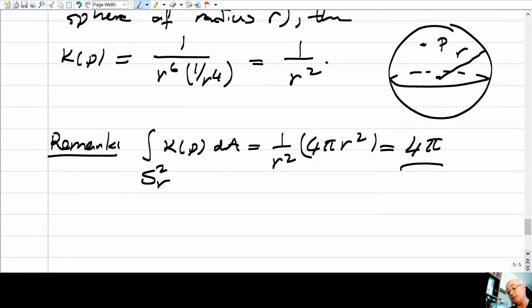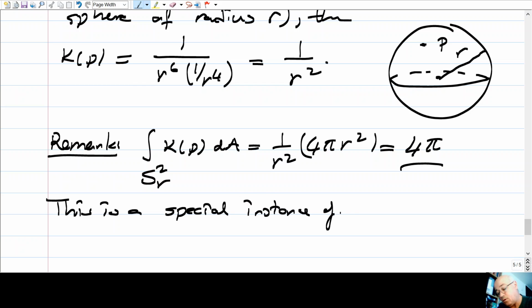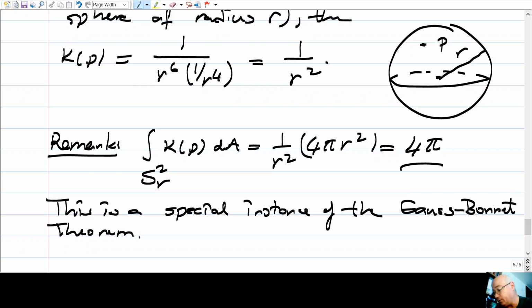This is not a coincidence. We will see that this is a particular case of the Gauss-Bonnet theorem. So this is a special instance of the Gauss-Bonnet theorem. We will see this at the end of the semester.